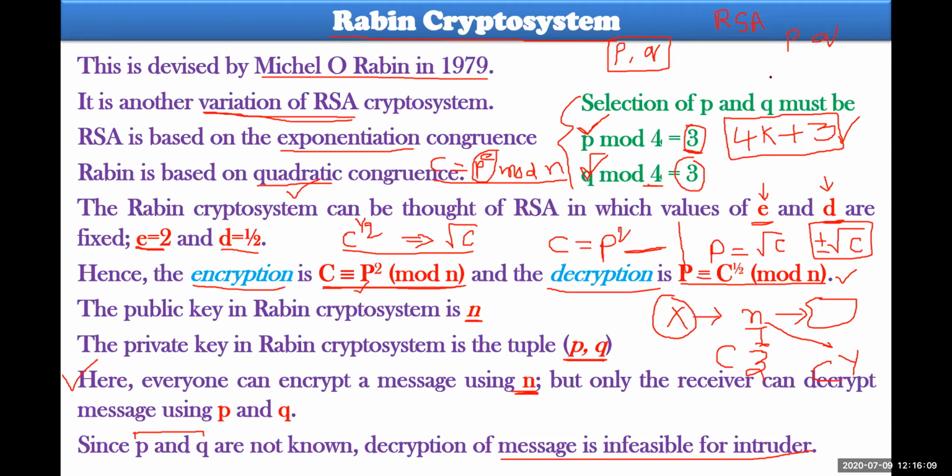Further, you identify n, then phi of n equal to P minus 1 into Q minus 1. Then you take one value, E, and identify D. Then you prepare the public key and private key. Hope that you remember the steps.